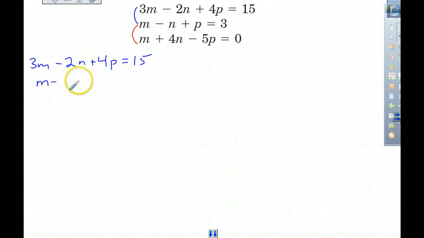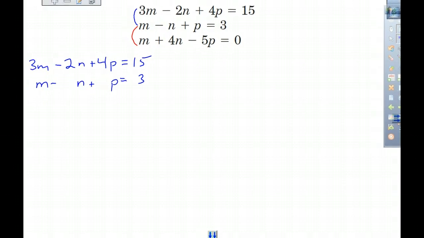I'm going to line every variable up just to make it easier to follow. Now, how can I cancel out M?